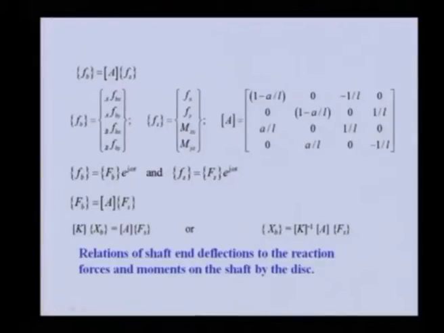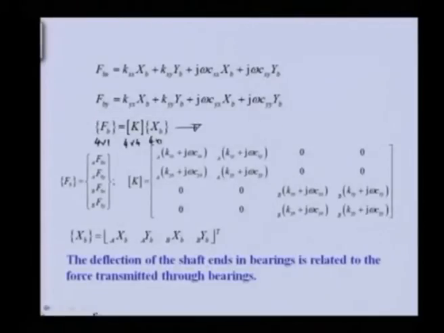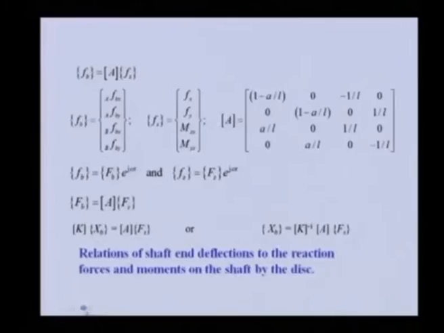So, we can use this relation here: in place of f b, we can write K into x b, and with this we get the bearing displacement by inverting the K matrix and multiplying by A and the reactions onto the shaft from the disc. So, now we could relate the bearing displacement with the shaft reaction force.